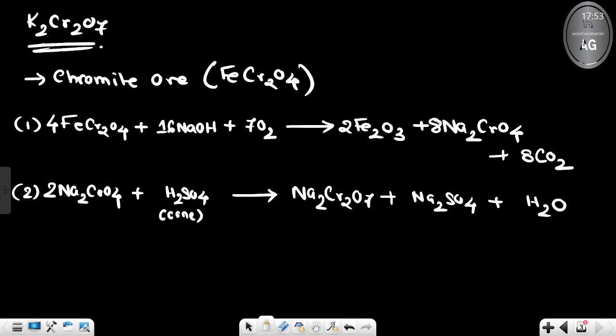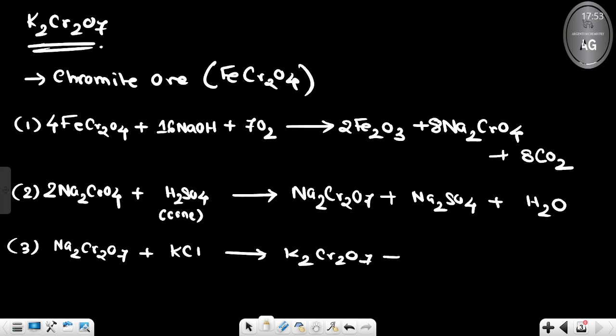The third reaction is the conversion of sodium dichromate into potassium dichromate. So we write Na2Cr2O7 plus KCl forms K2Cr2O7 plus NaCl. Done.